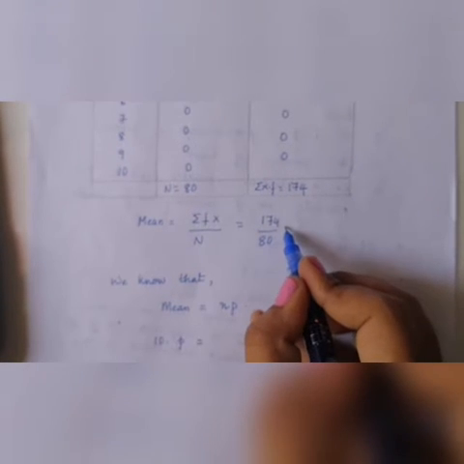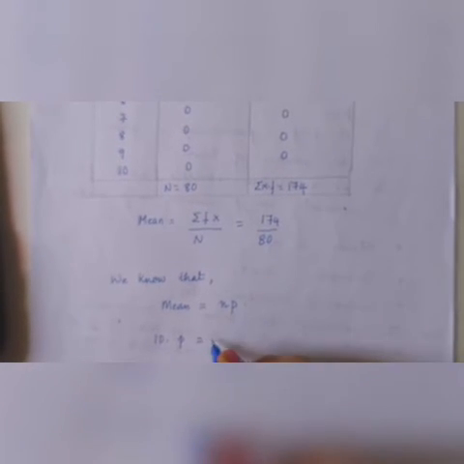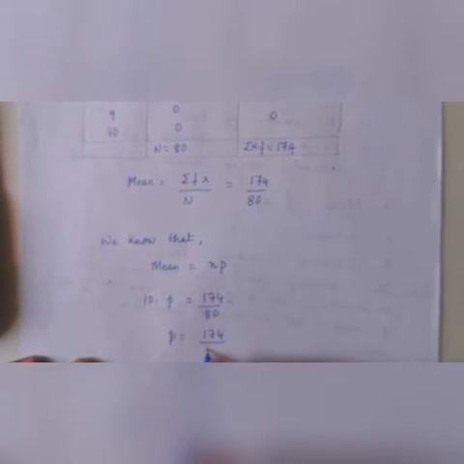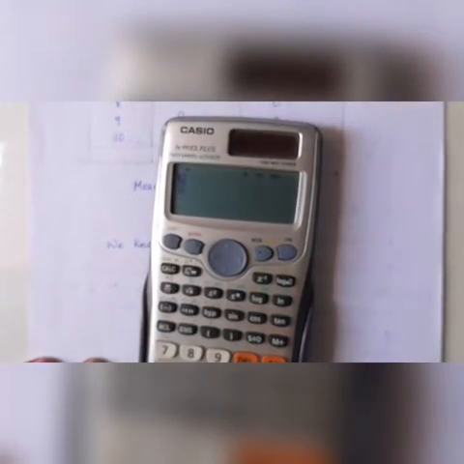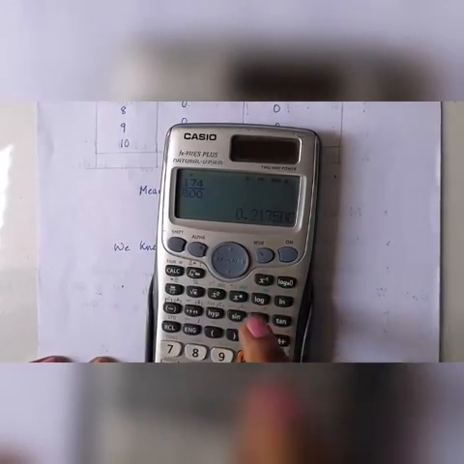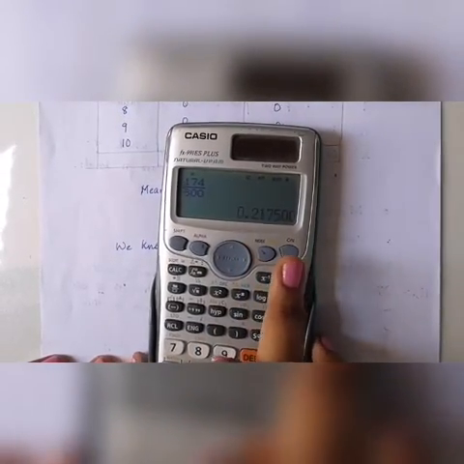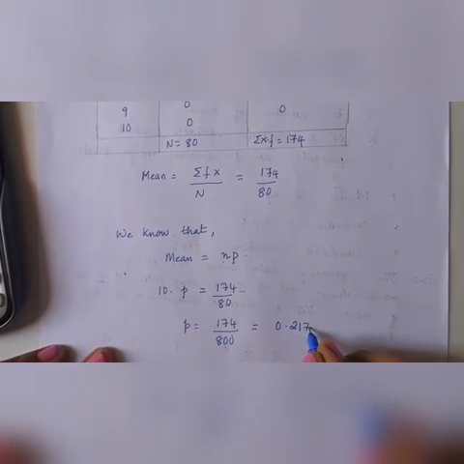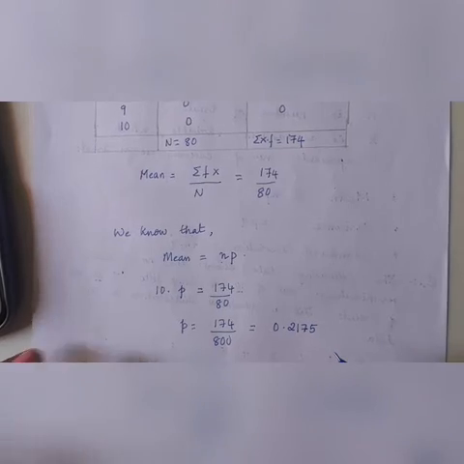The mean that we got from the data is 174 by 80. So p is equal to 174 by 800. So let us find the value. 174 by 800 is 0.2175. Let us take 4 decimal points.